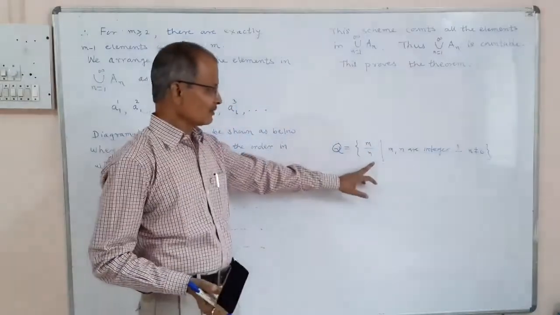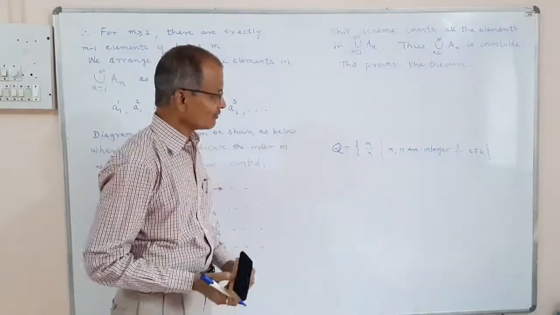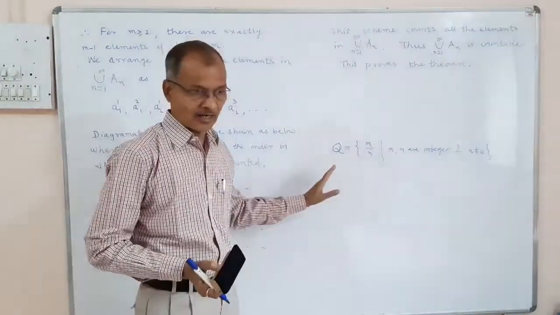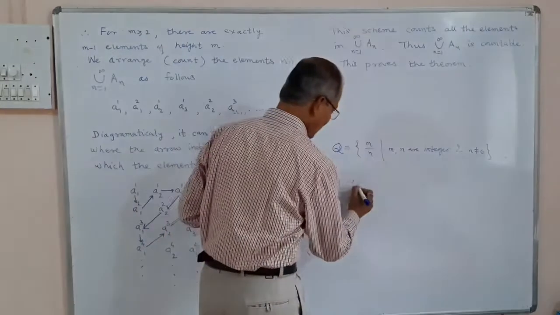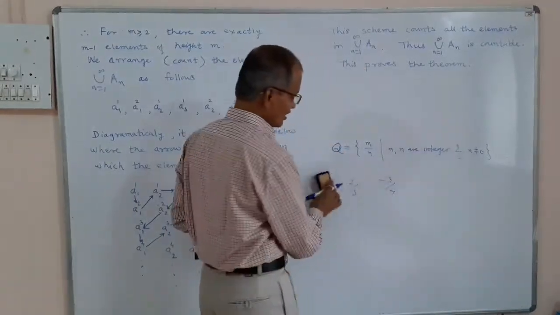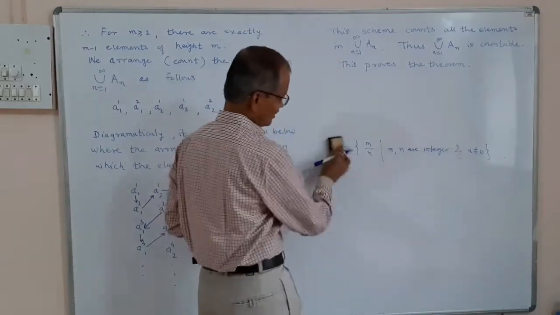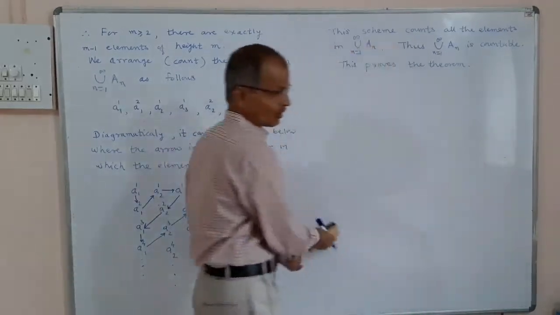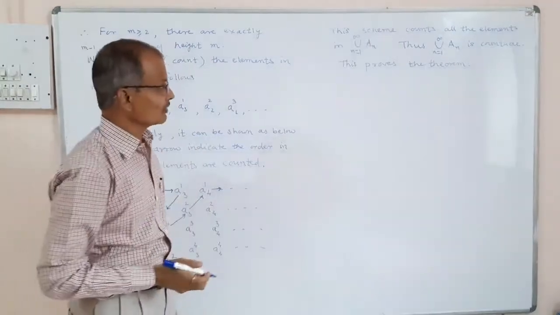The denominator must not be 0. Then all the numbers of this type are said to be rational numbers. 2/3 or -3/7, etc. are all rational numbers. We know it. The rational numbers can be written in quotient form, as a quotient of two integers.